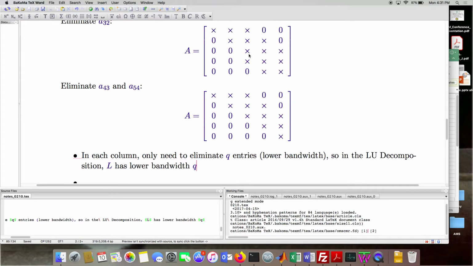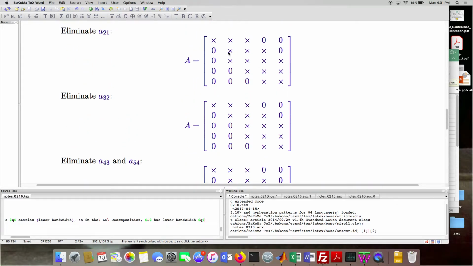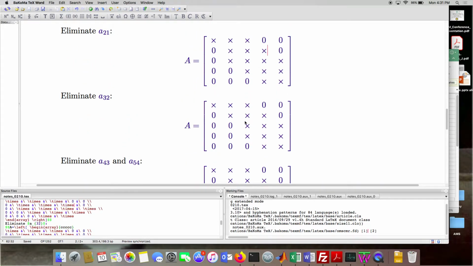Also, if we look at these row operations, like going from here to here, this diagonal entry was used to eliminate the one below the diagonal. These two entries are used to modify these. But this one is not touched, because the entry above it is outside the band. So, in other words, only this entry is made 0.